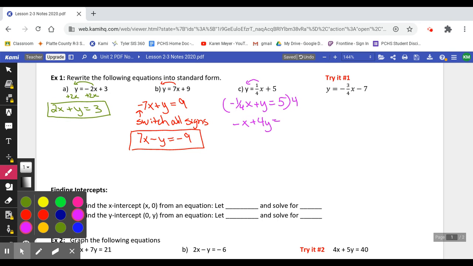And 4 times 5 is 20. So now I'm going to say, x can't be negative, so I'm going to go through and switch all my signs. So my final answer is positive x minus 4y equals negative 20. Okay, pause the video and you try it.